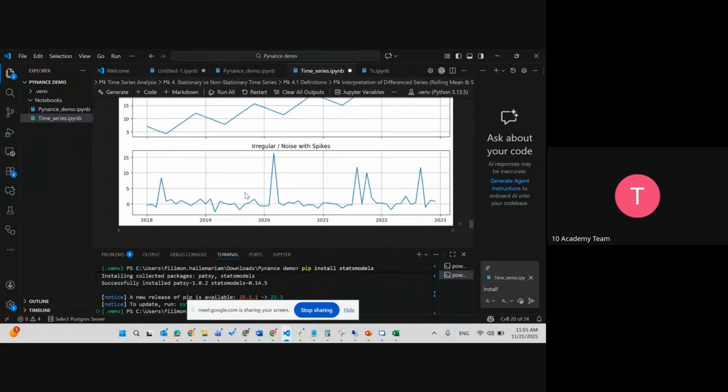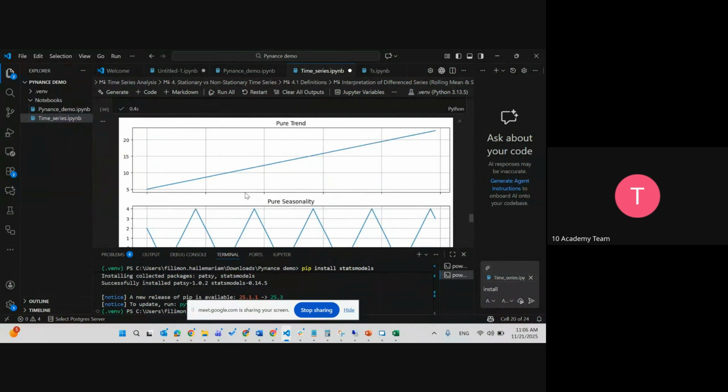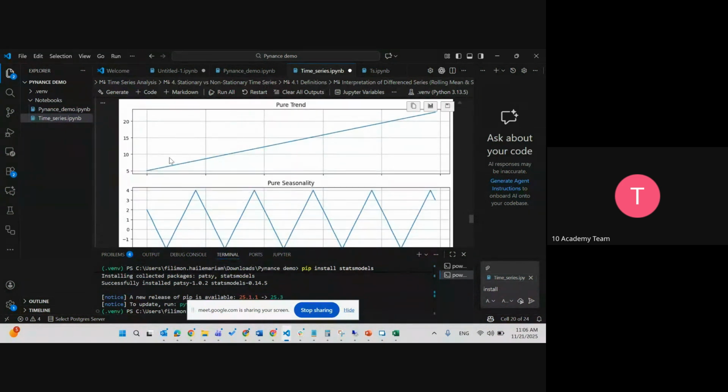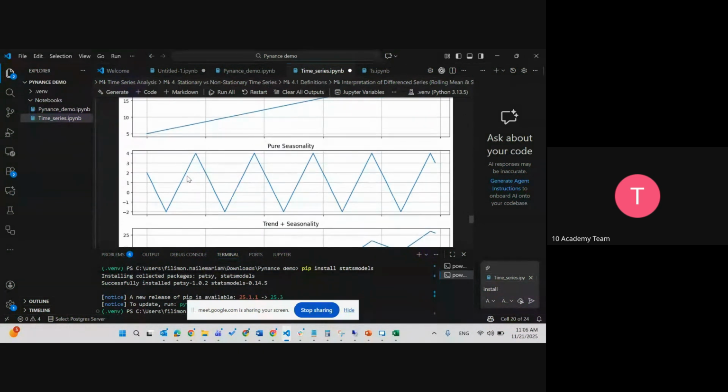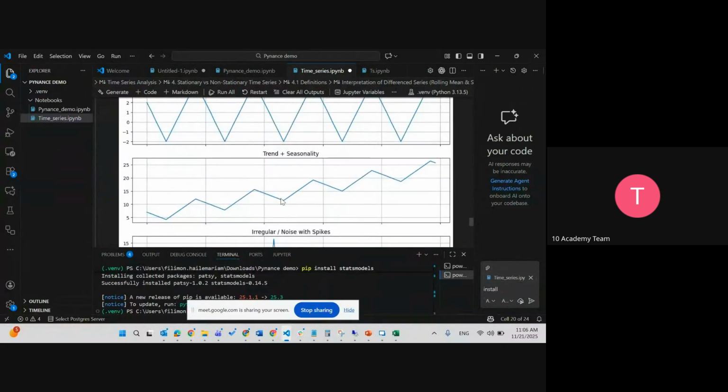So to finalize the point, this is a pure trend, it is going upward. Pure seasonality looks like this. It's a perfect seasonality. It goes up in one season, it goes down. Trend plus seasonality plot looks like this. It goes up, it goes down at some point, it goes up.